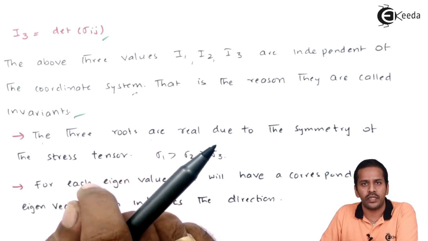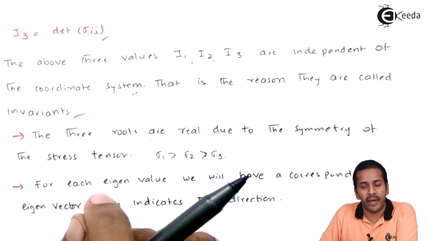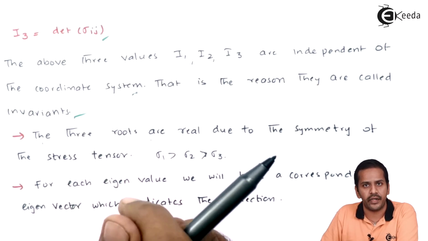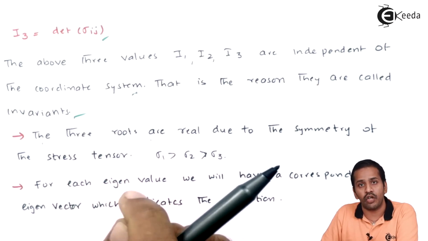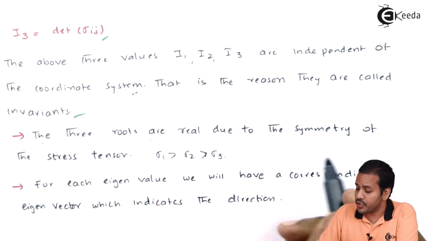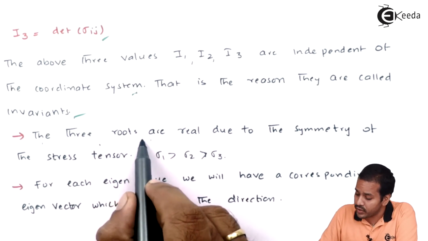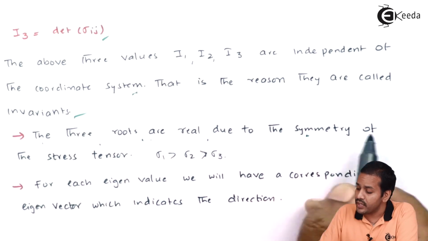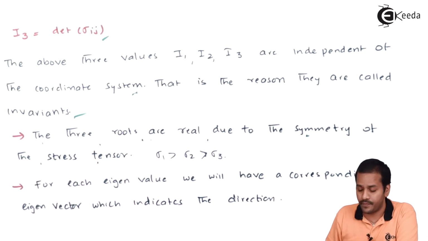The eigenvalues for a symmetric matrix are always real. So that is why these roots are real due to the symmetricity of the stress tensor.